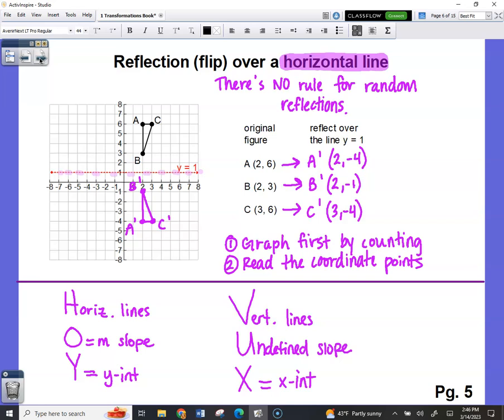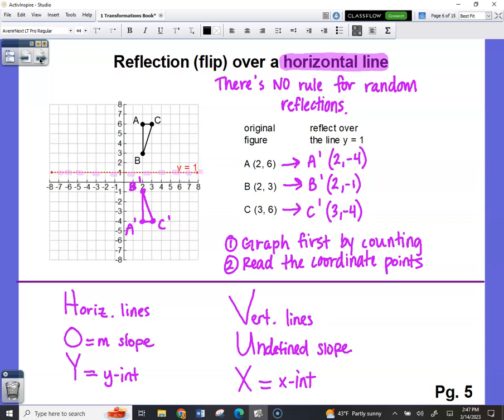Y equals 1. What word has a y in it? Hoy. So that tells you to draw a horizontal line on the y-axis, crossing at 1 in this case. So you find the y-axis, you find 1, and you draw a horizontal line. Then you just count to reflect the shape.